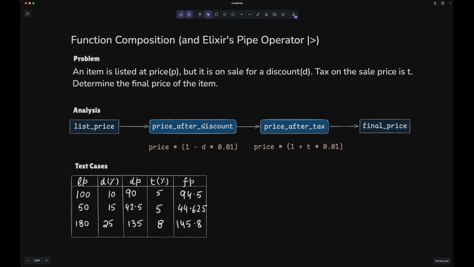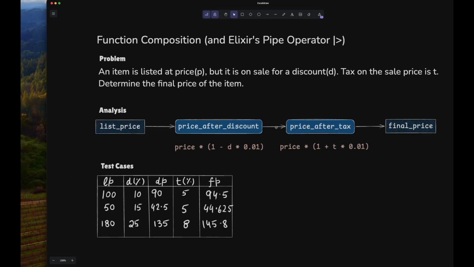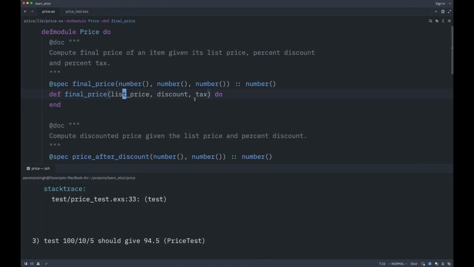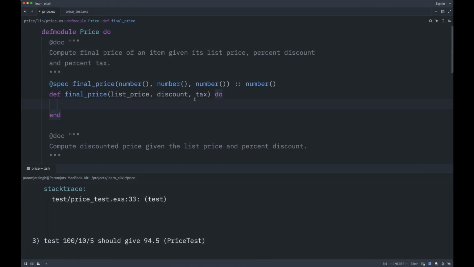And we already have written and tested these functions. So if I start to implement my final price now, it will follow the exact same data flow that we have used in our analysis.